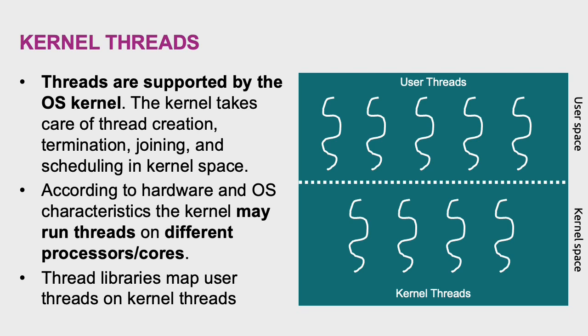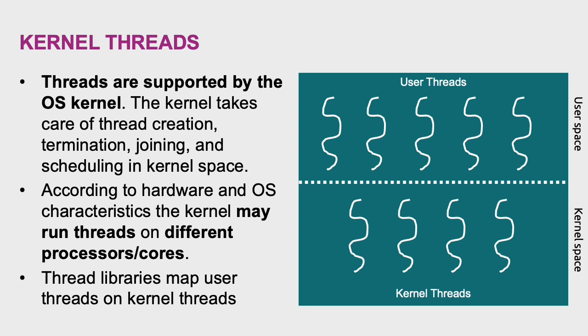The library code and data structures are therefore entirely located within the user space, and the resulting threads are often referred to as user threads. Any operation executed in the library triggers a local function call within the user space rather than a system call at kernel level.